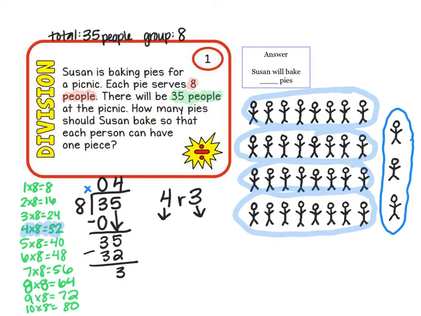So I would have to bring an extra pie to feed those 3 people, even though we won't use the whole thing. So in this situation, I'm going to add it. Instead of 4 pies, I'm going to add 1 to my whole, and I'm going to need 5 pies for this picnic.